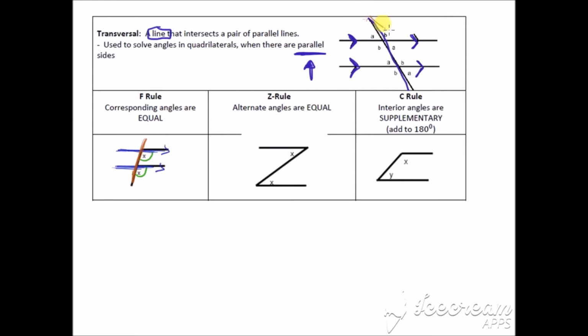Okay, let's be consistent. This orangish red is going to be the transversal. Okay, next one, Z rule. So alternating angles are equal as well. Okay, and again in blue, these two lines here are going to be parallel. And again in that orangey red, this is going to be the transversal.